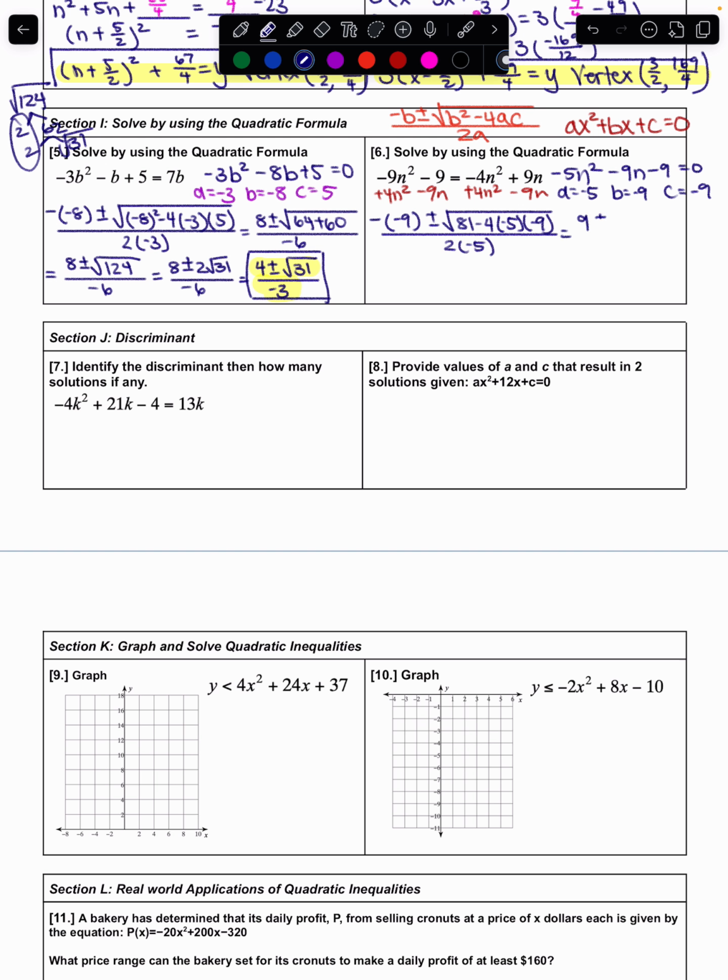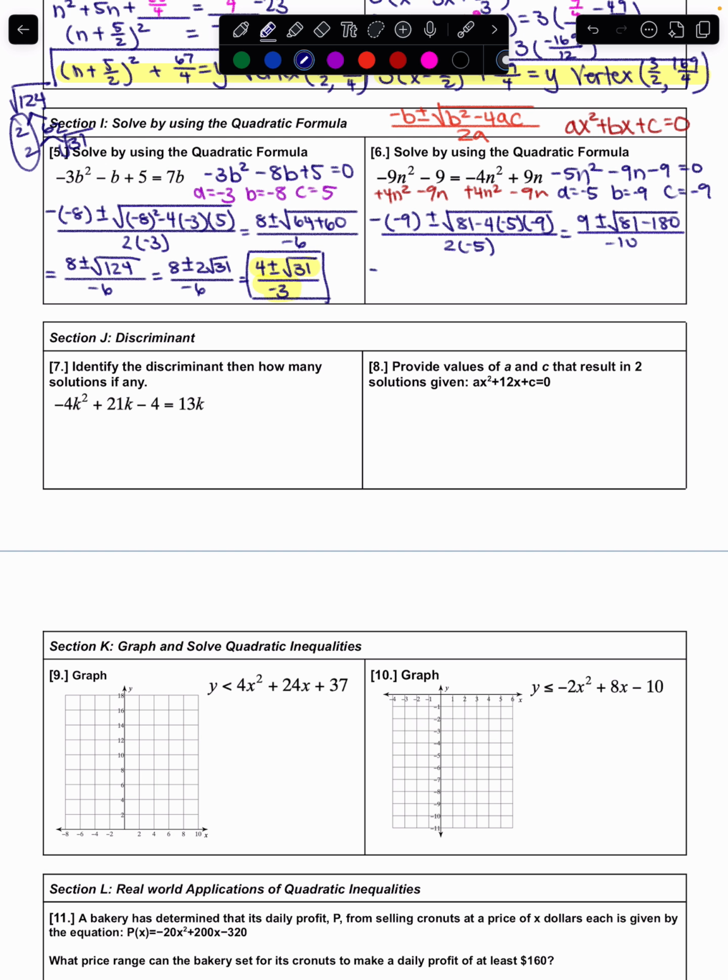Now we're just simplifying this. So 9 plus or minus the square root of 81. Negative 4 times negative 5 is positive 20, and then 20 times negative 9 is minus 180, all over 2a, which is negative 10.